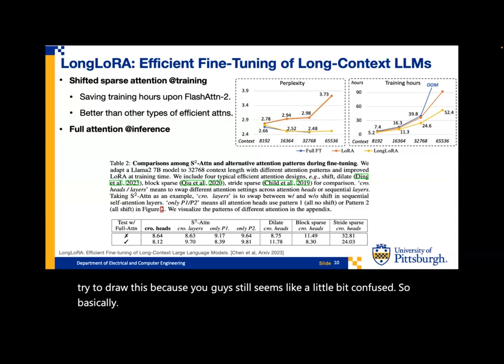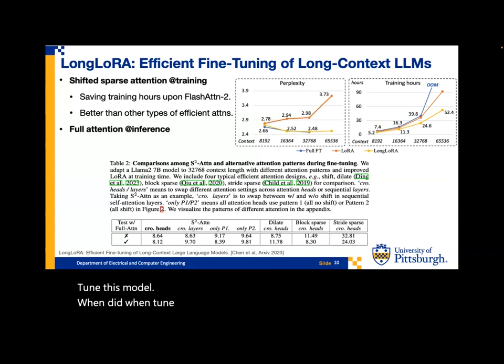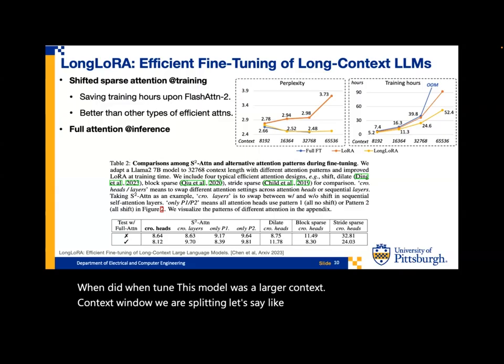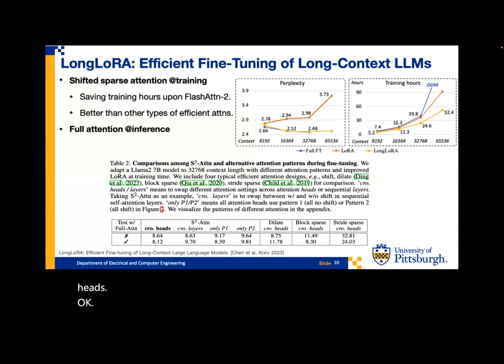when we tune this model with a larger context window, let's say this is 32 heads, this is 32 heads. Okay. And inside these 32 heads, we have a much larger attention map, right?